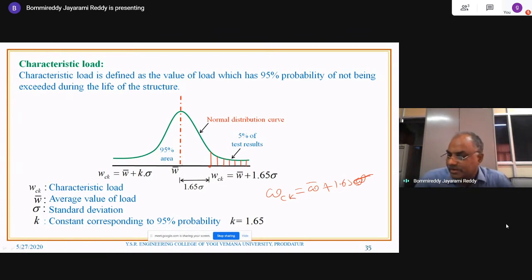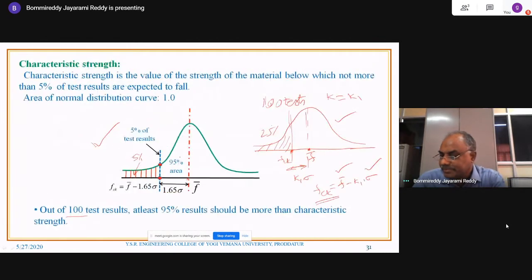So characteristic load is always more than the average load, whereas characteristic strength is always less than the average value. Similarly, characteristic strength is always less than the average value.